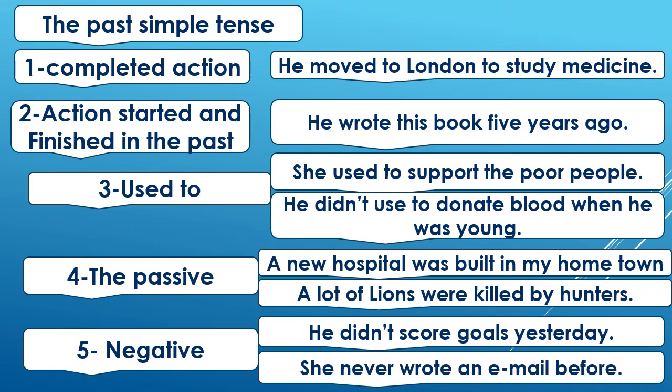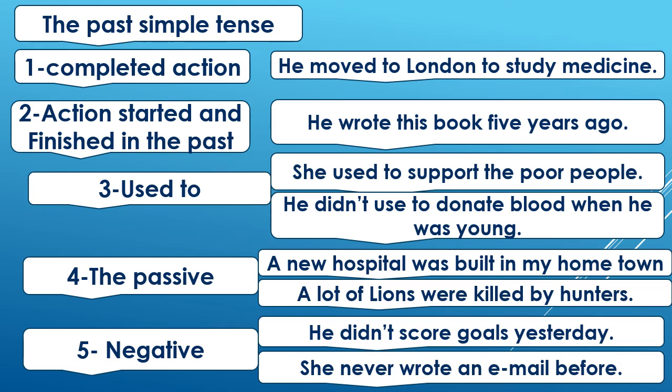So a new hospital was built, was past participle. Number 2, a lot of lions were killed by hunters. Were, past participle. Was, were plus past participle, with the object that changed into a subject at the beginning.